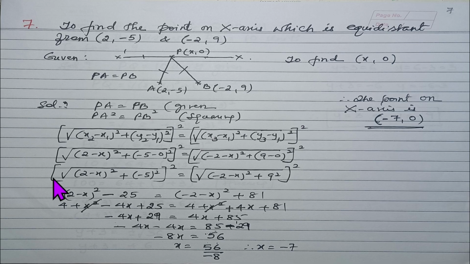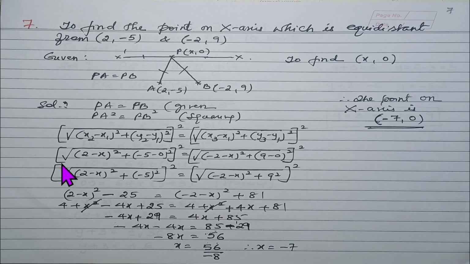So when I square it, I get (2 minus x) whole square plus (minus 5) whole square equals (minus 2 minus x) whole square plus 9 whole square. The square root is removed by taking the square. So (2 minus x) whole square plus 25 is equal to (minus 2 minus x) whole square plus 81.